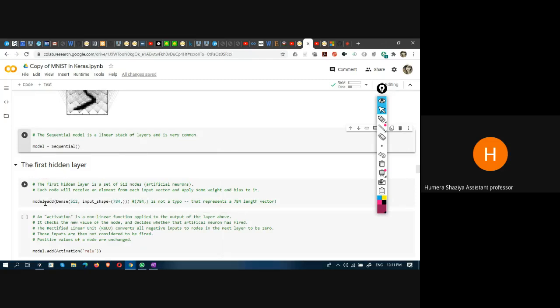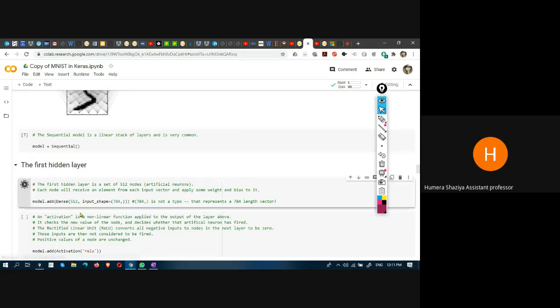The first hidden layer, you see there is one dense layer you are adding. How many nodes? 512 nodes. What is the shape of input? 784. Okay, and you are creating the first layer. Then you are creating the second layer.